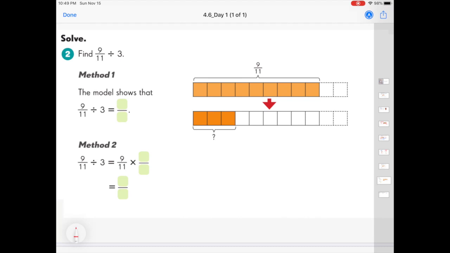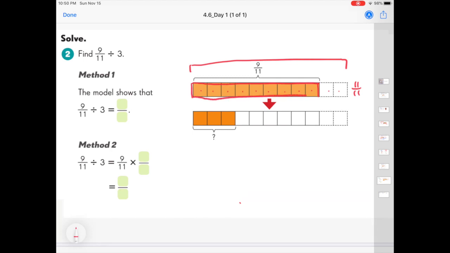Okay, let's look at this next one. It says find 9/11ths divided by 3. So first of all, we need to think about our whole. Our whole would be 11/11ths. We can see here's 1, 2, 3, 4, 5, 6, 7, 8, 9, 10, 11. So there's our 11/11ths. Now we are only looking at 9/11ths.